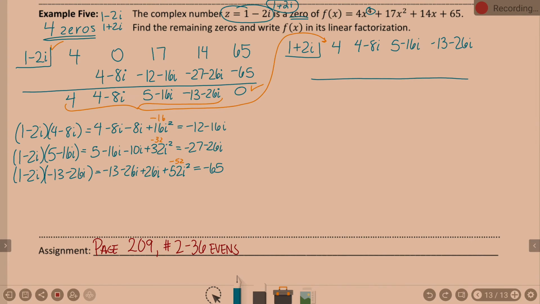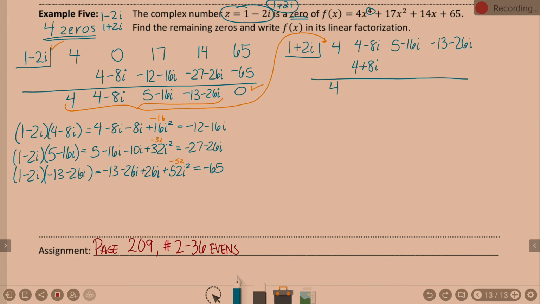Okay. So, same deal. Drop the 4. Multiply. 4 times 1 plus 2i. 4 plus 8i. What is 4 minus 8i plus 4 plus 8i? 0. Not just 0.